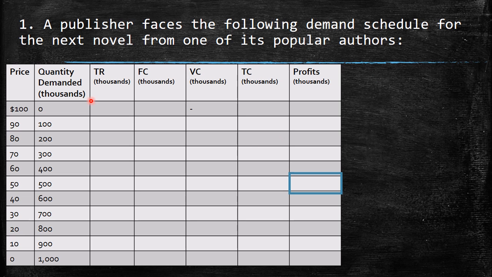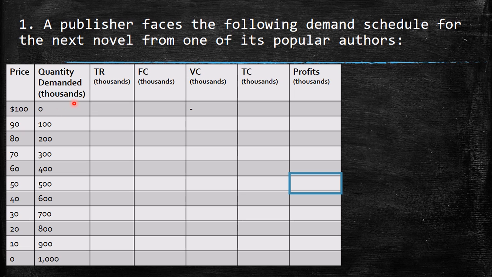Here it's important to understand that we have the price, which decreases here, and here we have the quantity demanded at each price. Naturally the quantity demanded increases once the price decreases. The book provides that with another three zeros, but I'm going to avoid that to keep it as simple as possible.